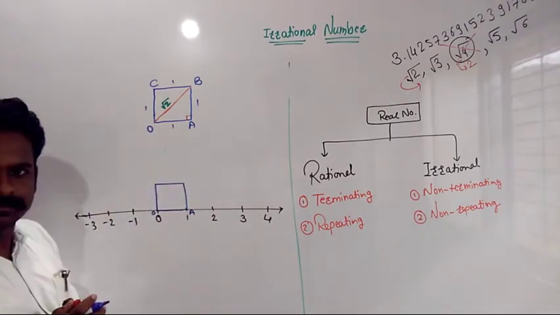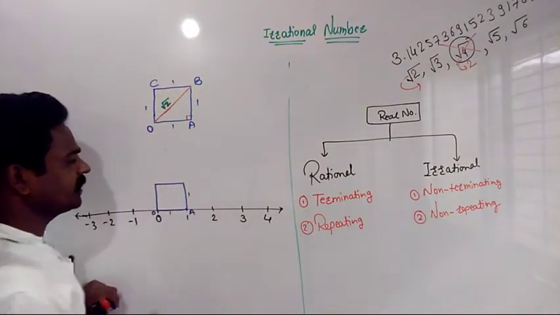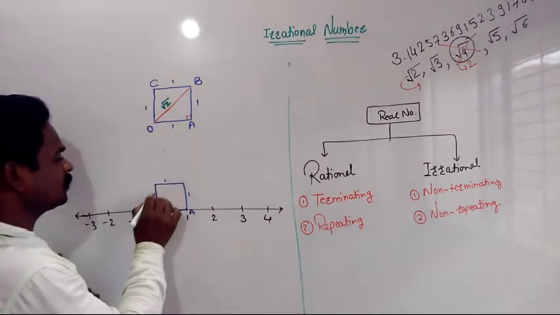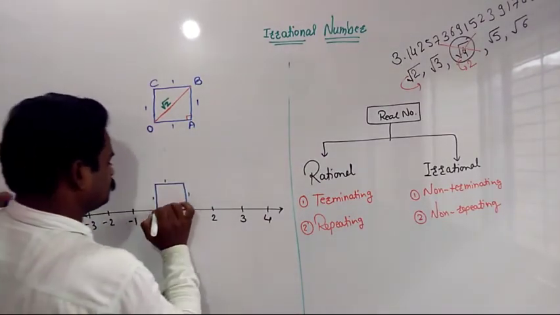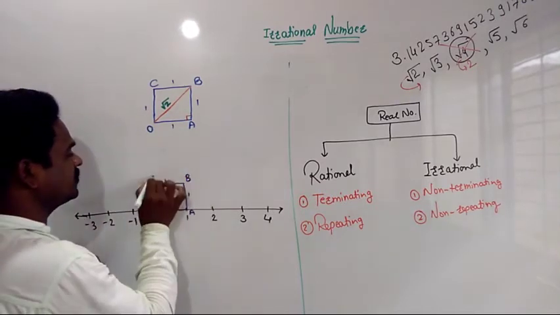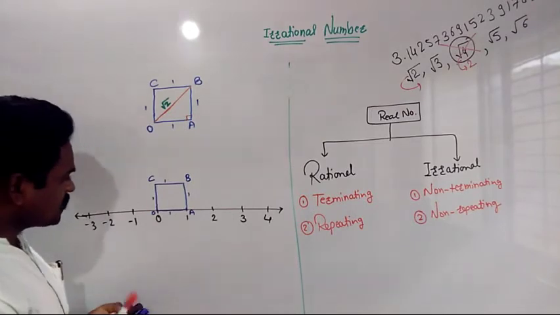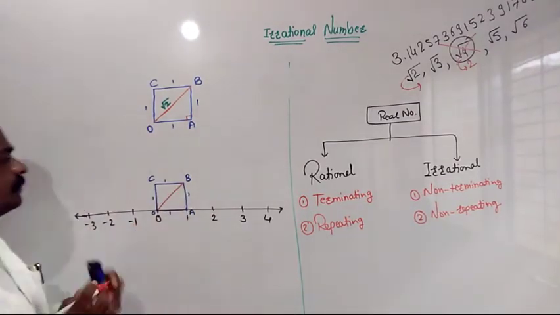This is my square, this side is 1 unit, this is also 1 unit, no problem. Now this is your B point, and this is your C point. Now just draw the diagonal from O to B.